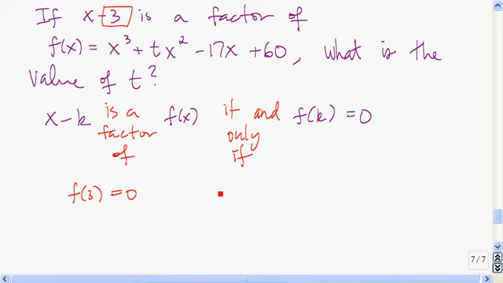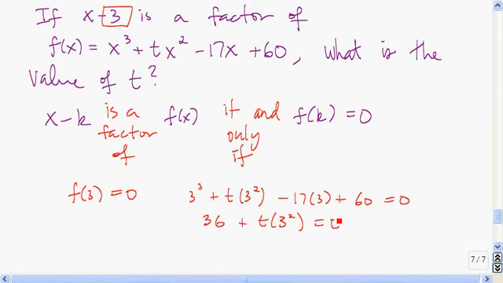I have 3 cubed plus t times 3 squared minus 17 times 3 plus 60. All right, let's clean this up a little bit by multiplying 17 by 3, doing 3 cubed, and combining these 3 terms here.